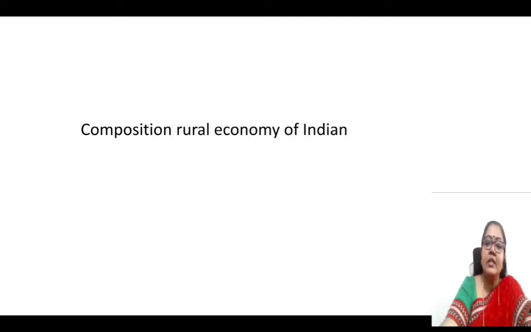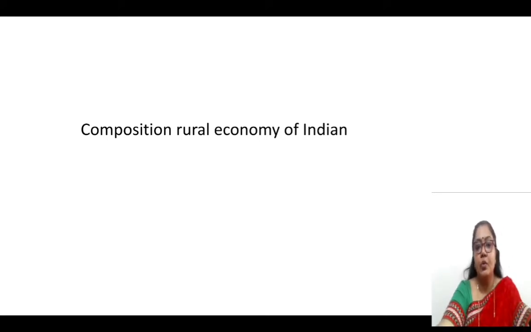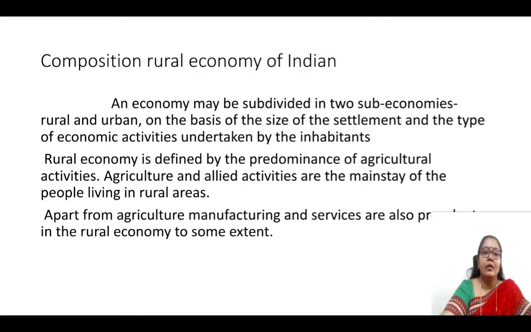So let's move on to the next topic, that is the composition of the rural economy of India. When it comes to composition, we find that an economy can be subdivided into two economies, that is the rural economy and the urban economy. This is done on the basis of the size of settlement and the type of economic activities undertaken by the inhabitants.